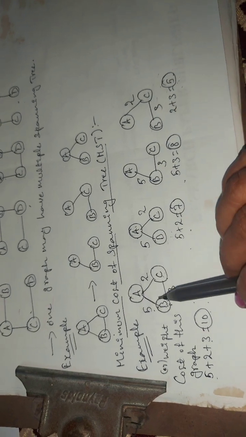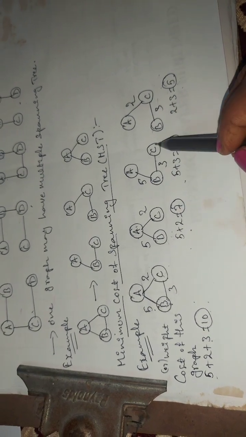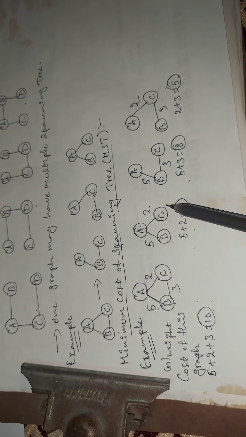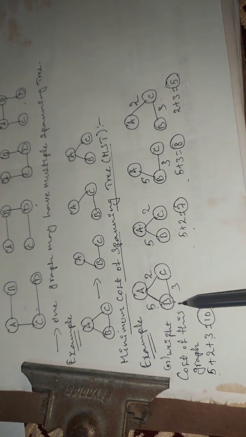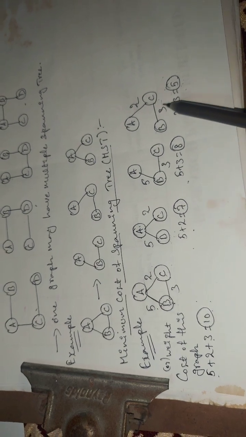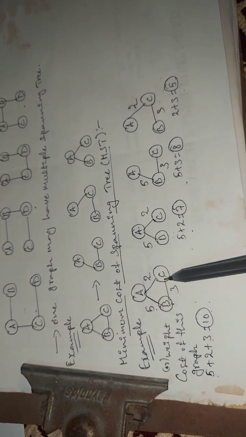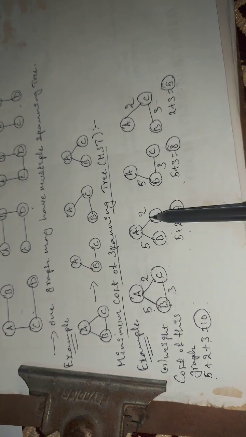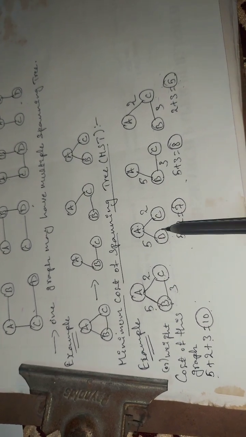You have to calculate the minimum spanning tree weight or cost in this way. A graph may be constructed in several possible non-cyclic ways. Here this is a cyclic graph, and all these are acyclic graphs. Here there are 3 vertices and 3 edges. The vertices must be the same, but the edges must be n minus 1 edges.